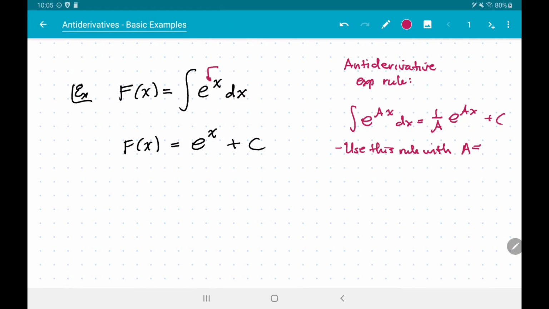I mean, there's nothing right there. You'd use a equals 1. Because if you stick multiplication by 1 right here, that doesn't change the function. It just puts in 1 times. And if you work it out, that's what this rule gives you if you use a equal to 1. So that's one of these that's so easy it's hard.